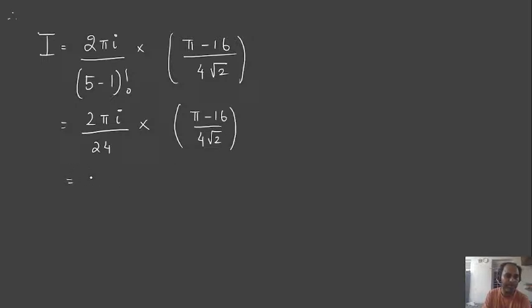So this is going to be nothing but pi i times pi minus 16 over, this 2 gets cancelled, so here it will be 48 root 2. So this is the final answer. That's it, nothing more on that. I hope you got this example.